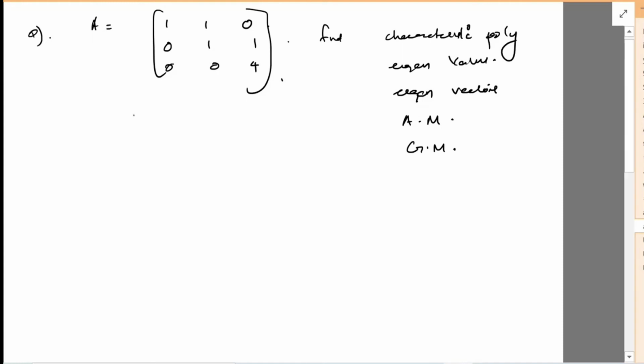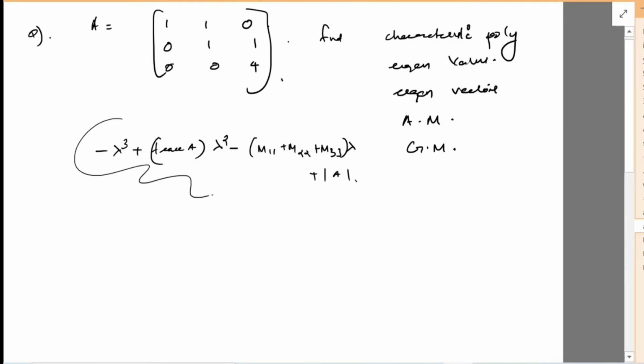Usually we will find the characteristic polynomial by taking minus lambda cube plus trace of A into lambda square minus M11 plus M22 plus M33 into lambda plus determinant of A. This is how we find the characteristic polynomial, right?